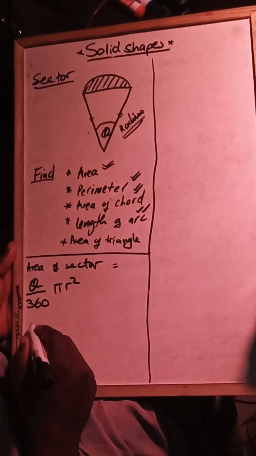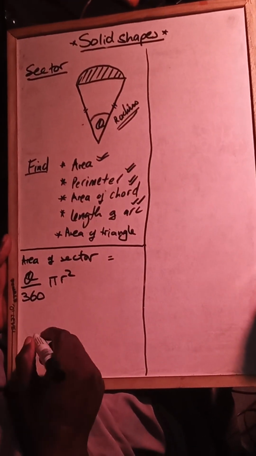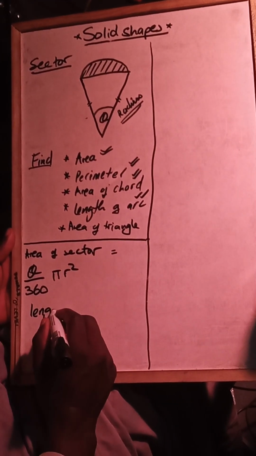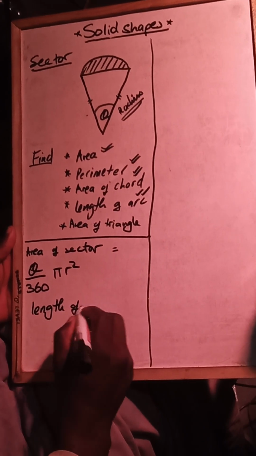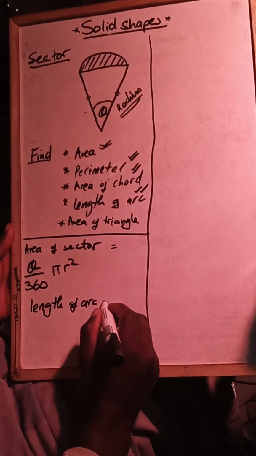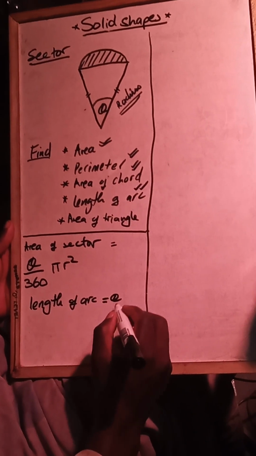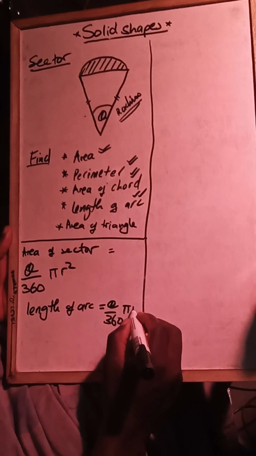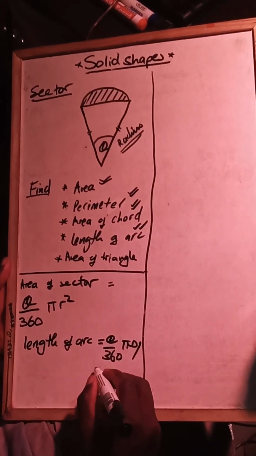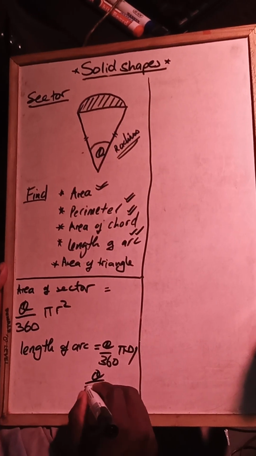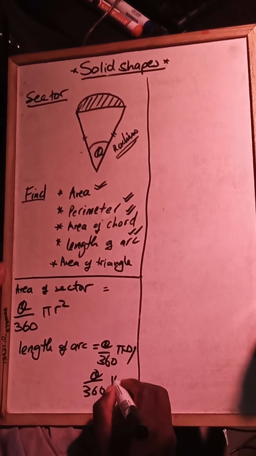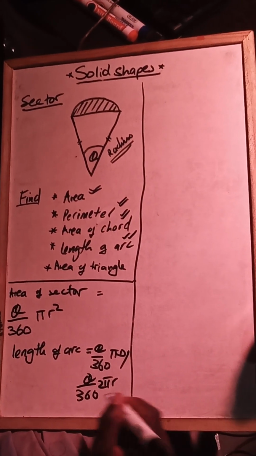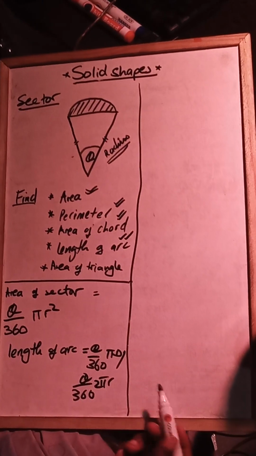We are going for the second formula, which means length of arc, which means theta over 360 pi d, or theta over 360 times 2 pi r. They are one and the same thing.